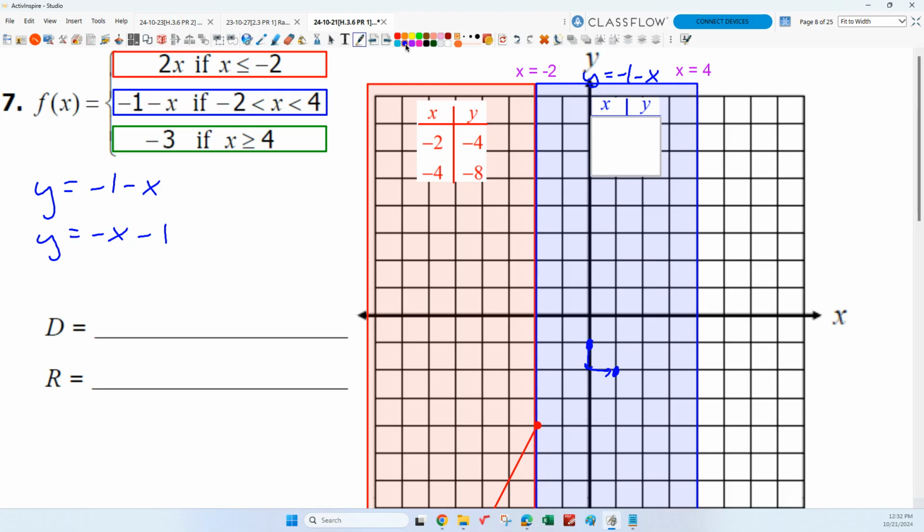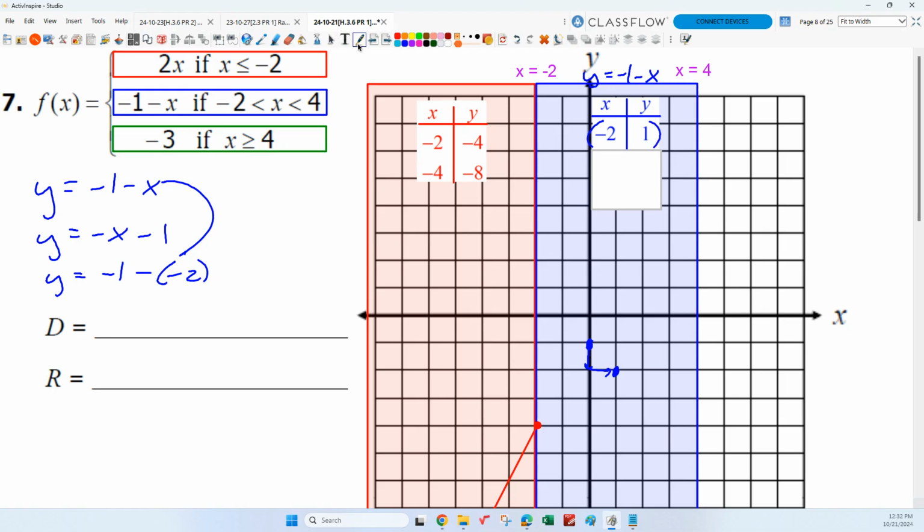What's that going to give me? That's -1 plus 2, so what do I get? 1, okay. So 1 point is going to be at (-2, 1).